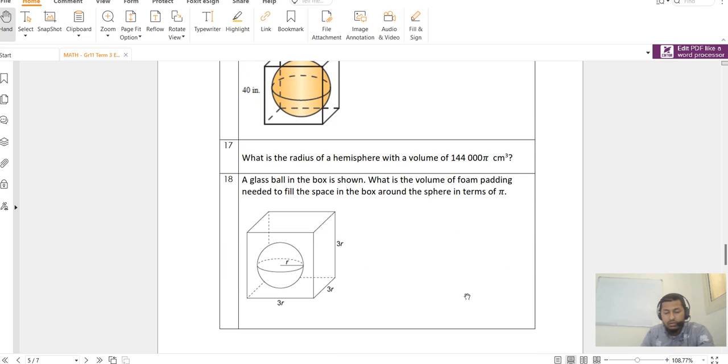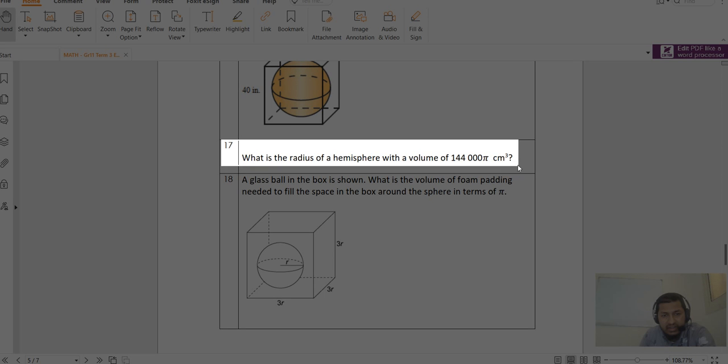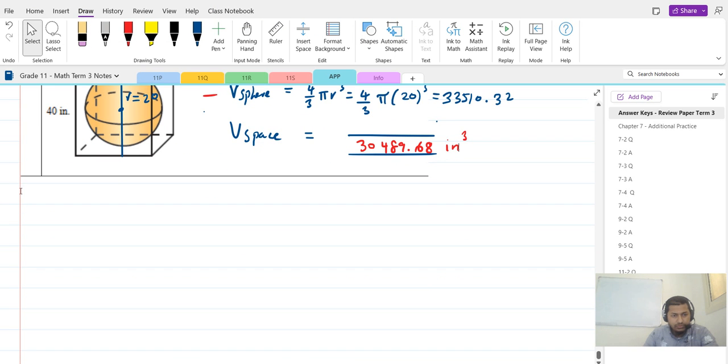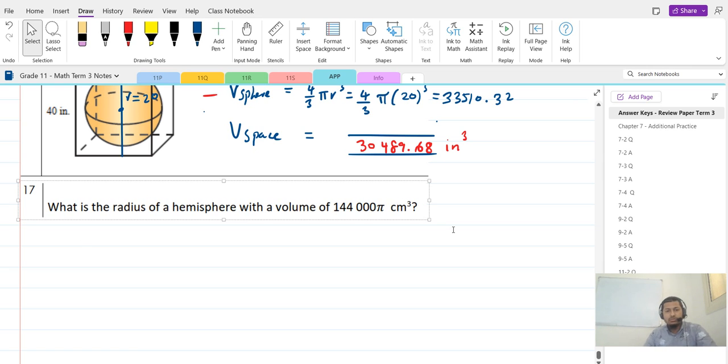Next one, what is the radius of a hemisphere with a volume of 144,000 pi cubic centimeters? To solve this problem, remember, volume of sphere is 4 over 3 pi r cubed. So the volume of a hemisphere, which is half a sphere, is 4/3 divided by 2, which is 2/3.